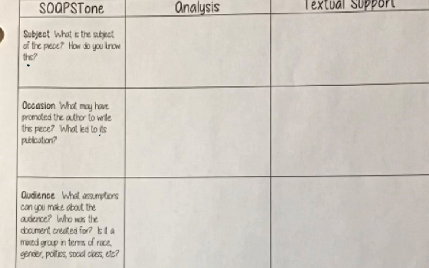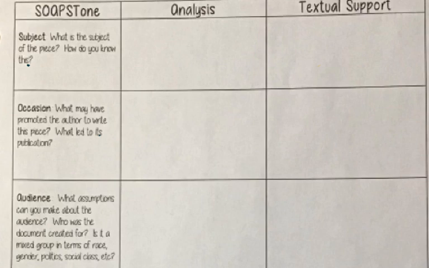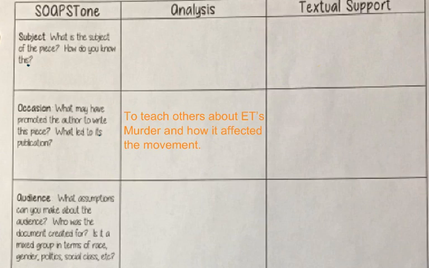So you have to ask yourself, did something happen that gave a need for this article to come about? And honestly, I feel like it is to teach others about Emmett Till's murder and the effects that it had on the movement. So make sure you write down what I have. It's to teach others about Emmett Till's murder and how it affected the movement.